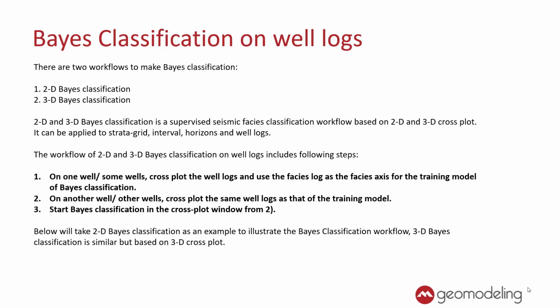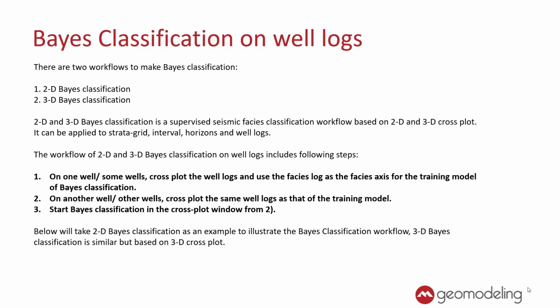The first step is on one well or some wells, cross-plot the well logs and use the facies log as the facies axis for the training model of Bayes classification. And then next, on another well or other wells, cross-plot the same well logs as that of the training model.